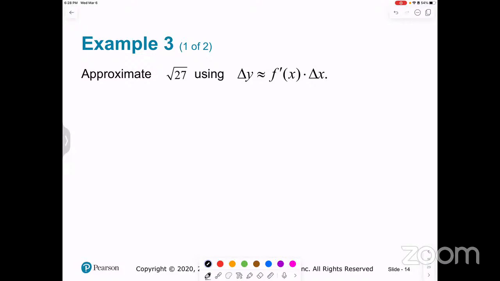All right, let me see if I can remember this one. We're asked to approximate this using that the change in y equals f prime times delta x. Let me think about it.